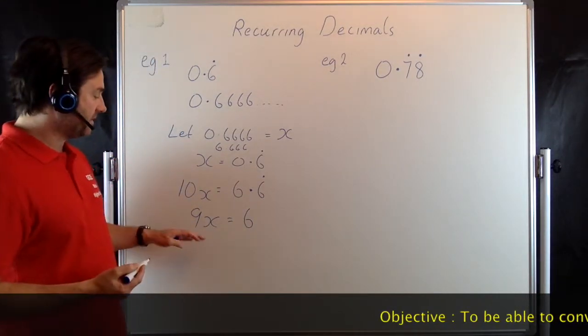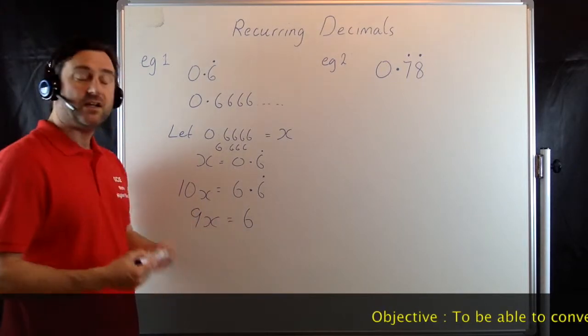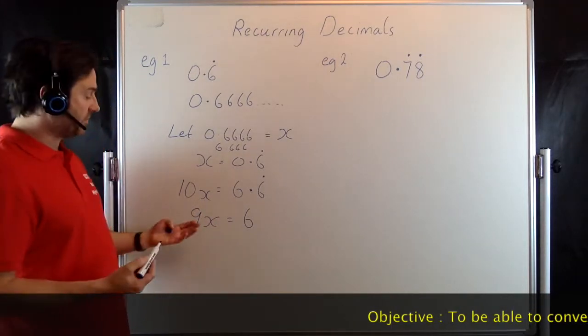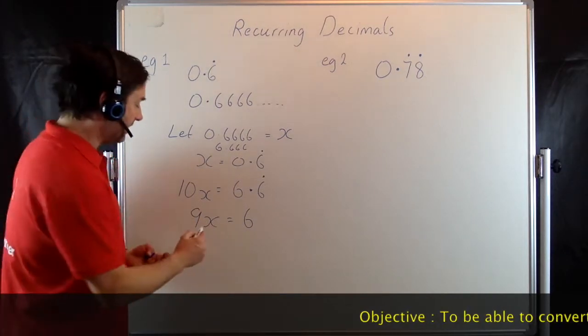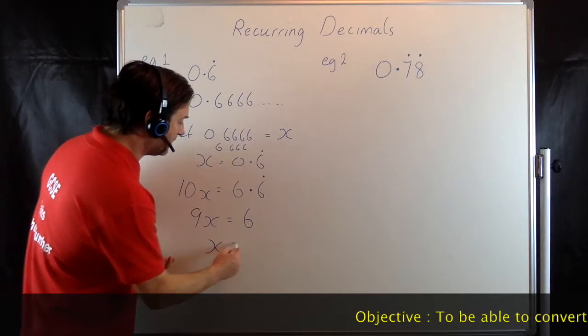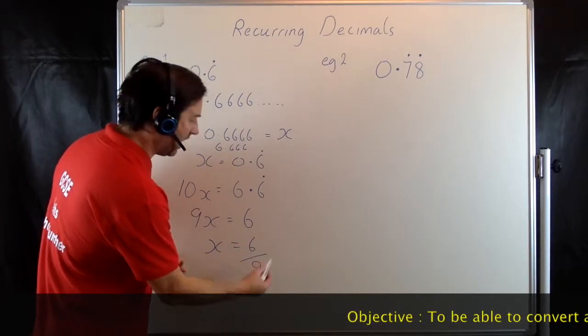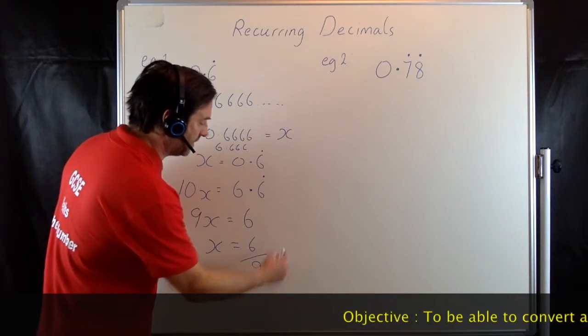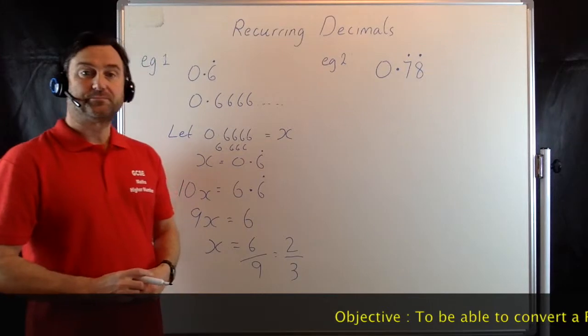Then if I move this 9 over to the other side, I do the opposite to what I was doing on the left, which was multiplying. I'm going to divide by 9 on the other side, which leaves us with x equaling 6 over 9, or obviously we could simplify that to 2/3.